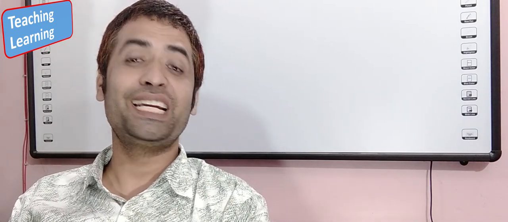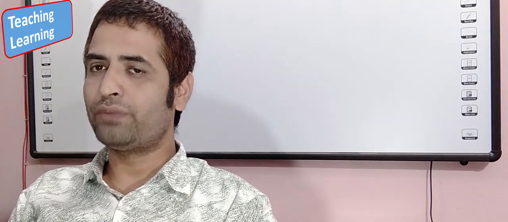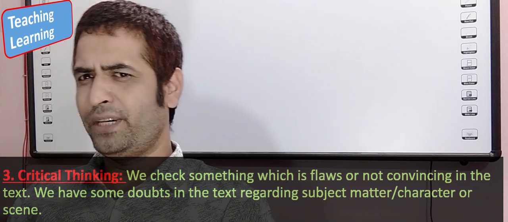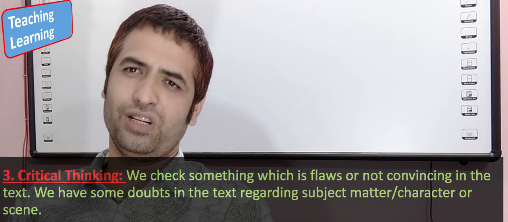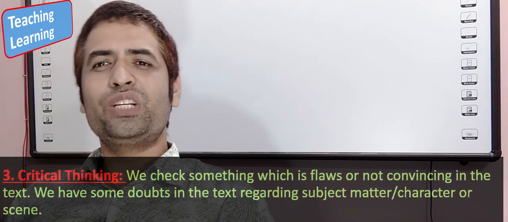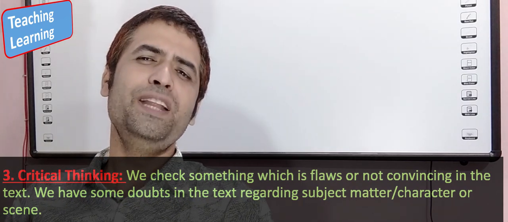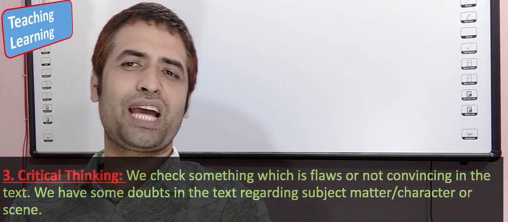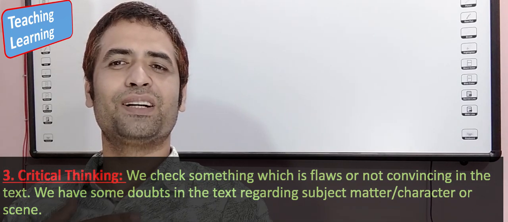And after that, critical thinking. What we simply do in critical thinking is we try to see the ideas in the text which are not that convincing. Sometimes we see something, but it does not give us satisfaction.